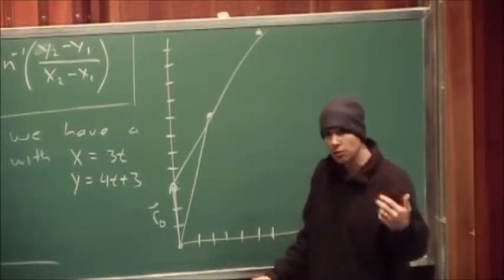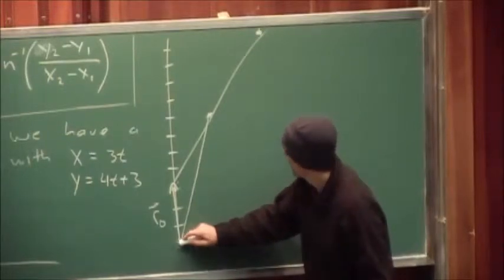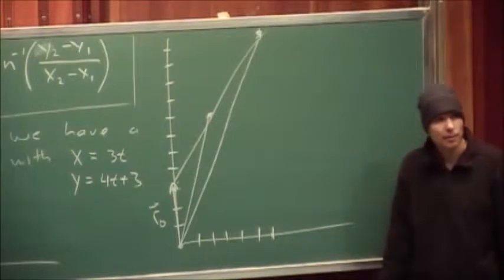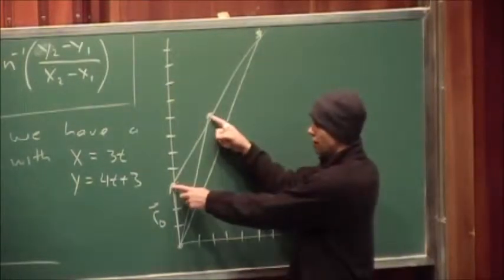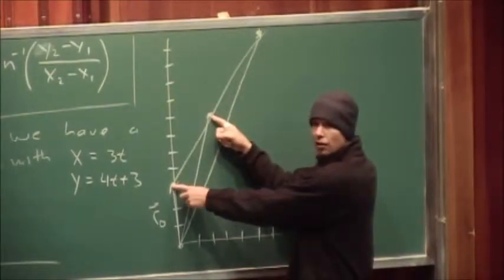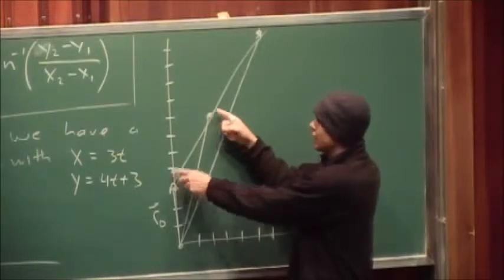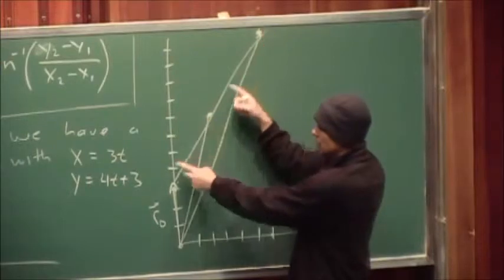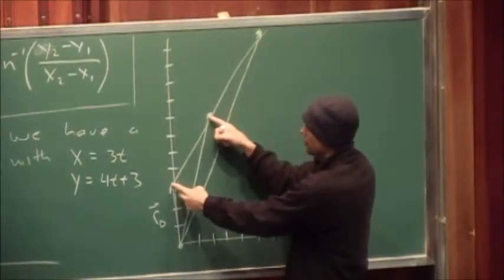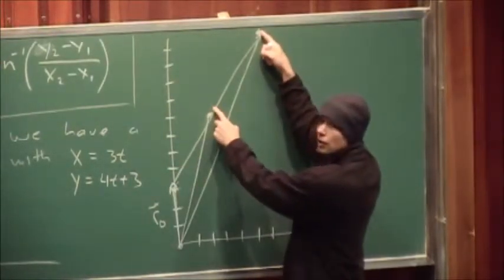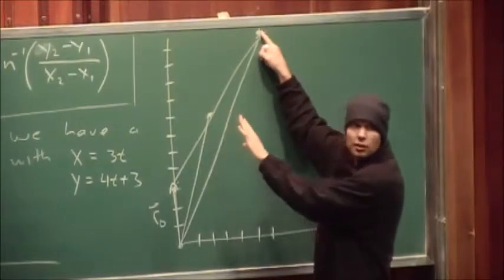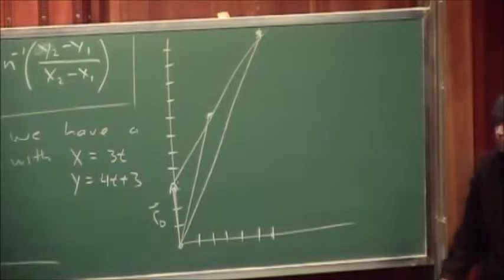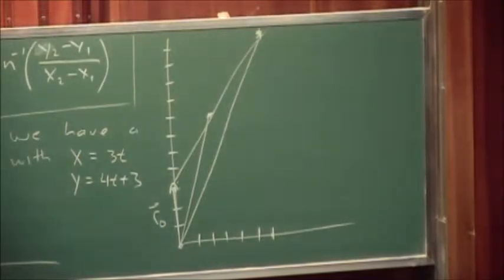And at time t equals 2 seconds, I'm going to get the displacement vector that looks like this. So here's delta r over this interval, and here's delta r over this interval. It turns out that they're the same, since the velocity is constant.